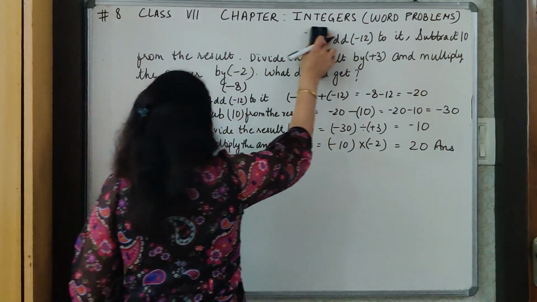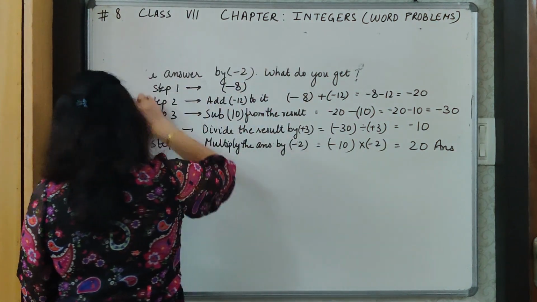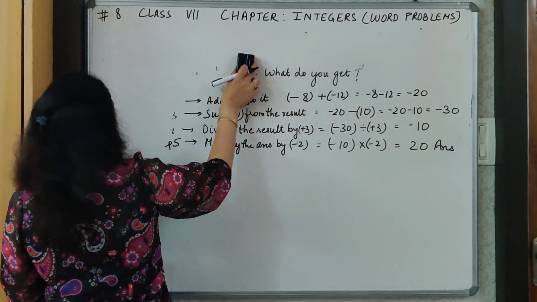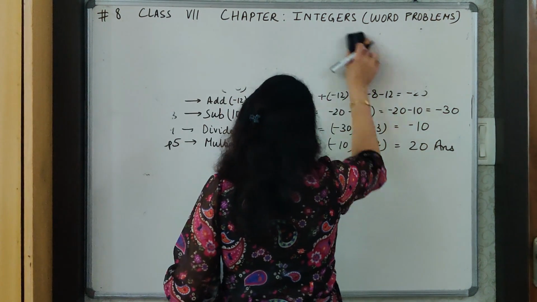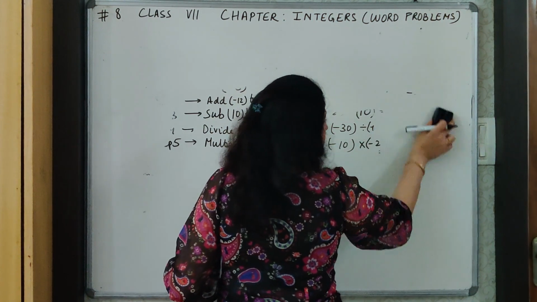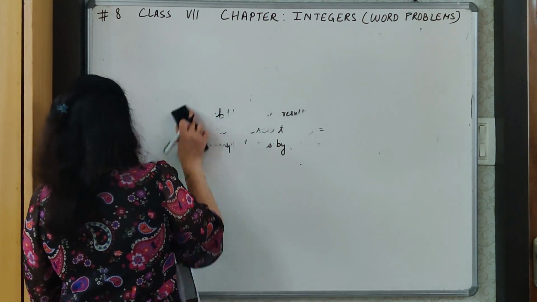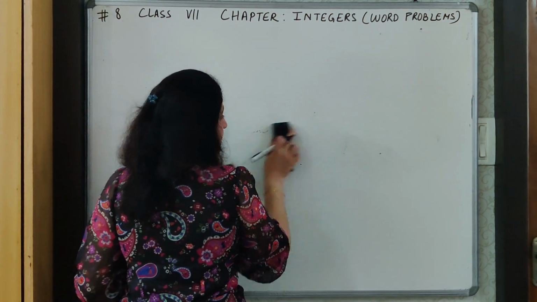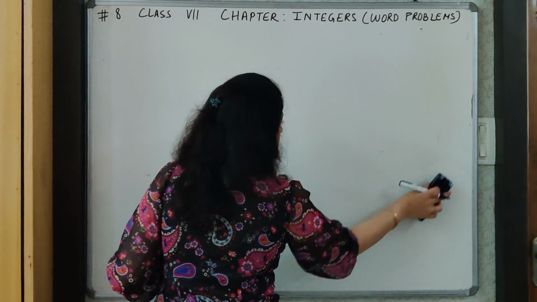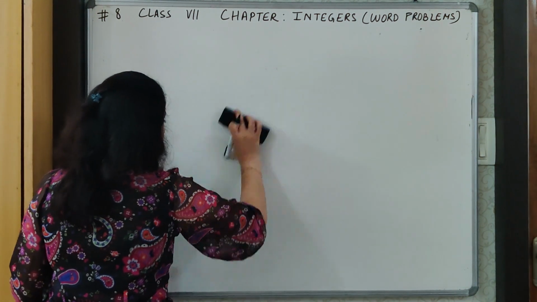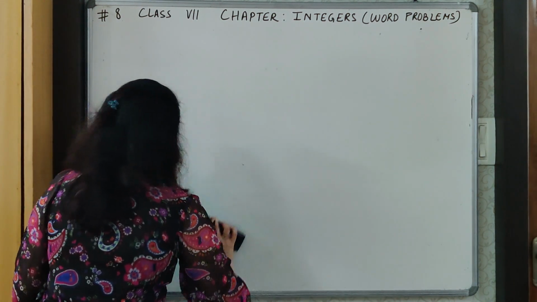So the next question is about a boy who has some money already with him, and then he is getting some money, he is spending some money. Whatever money he is getting will be written as plus, and whatever money he is spending will be written as minus.